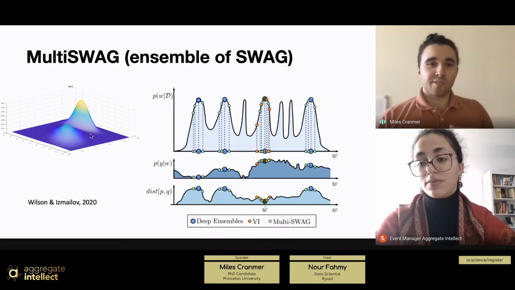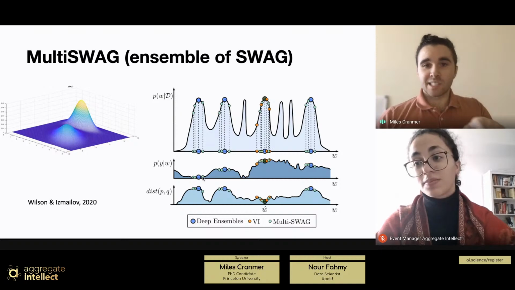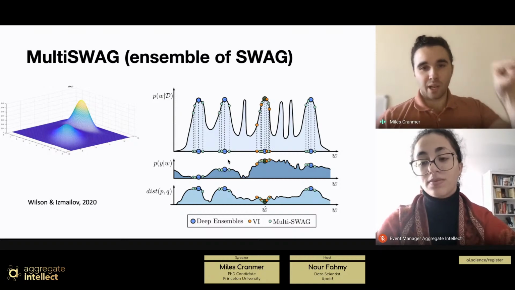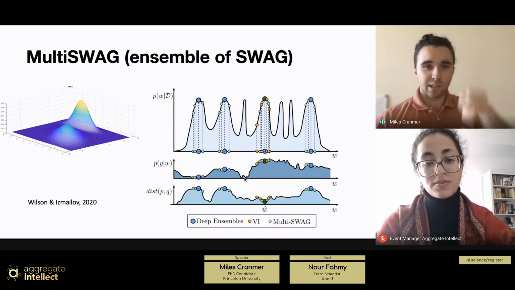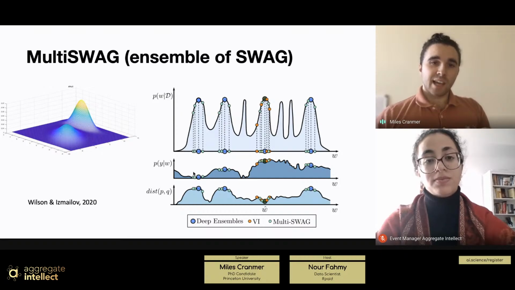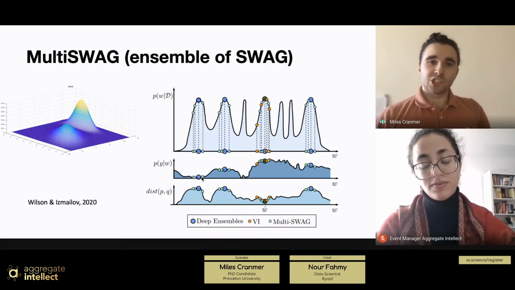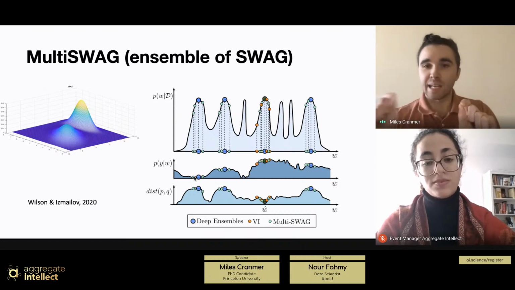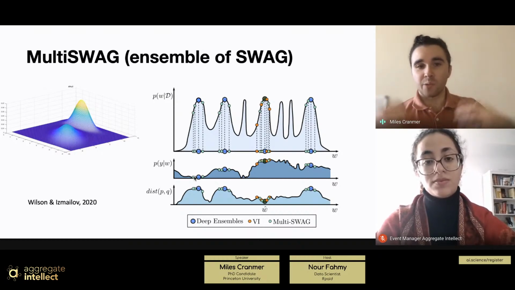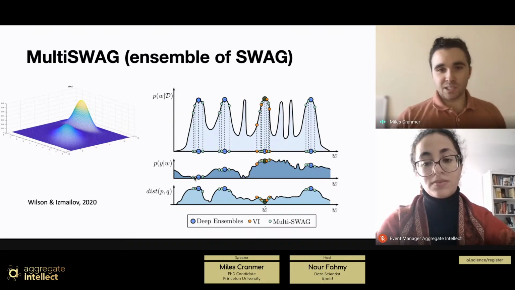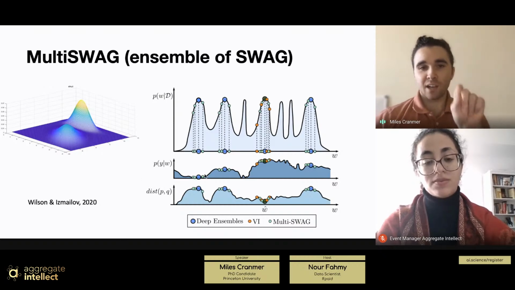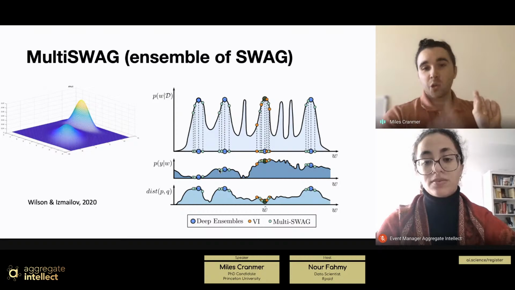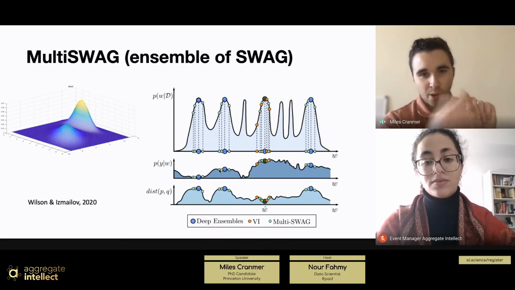So maybe this is my loss surface, and I want to find the minima, the lowest point. You can see that I think the green circles are MultiSWAG, and you have different points in parameter space. During inference, you randomly pick one of those dots and evaluate the model for that choice of weights.